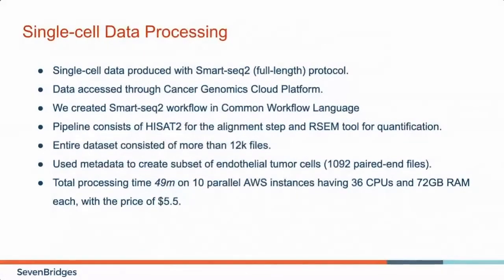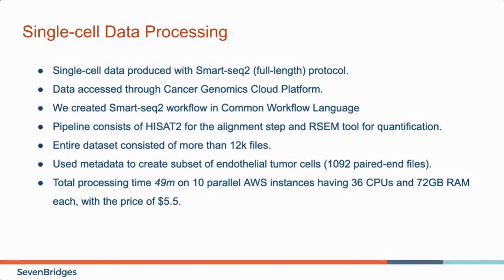And the entire data set contains more than 12,000 paired-end FASTQ files, but using the metadata associated with files, we were able to select just the files representing endothelial tumor cells. We processed this subset of endothelial tumor cells, which had more than 1,000 paired-end FASTQ files, and total processing time on Cancer Genomics Cloud platform was 49 minutes.